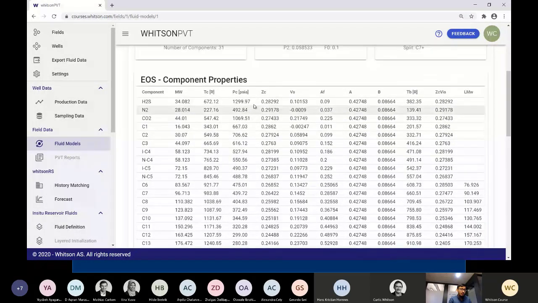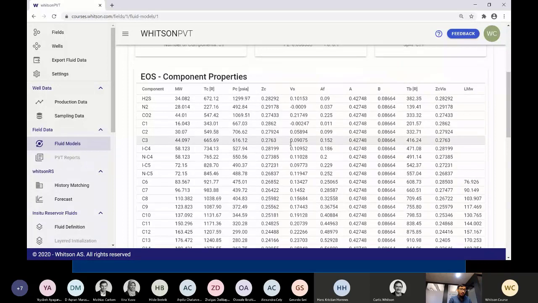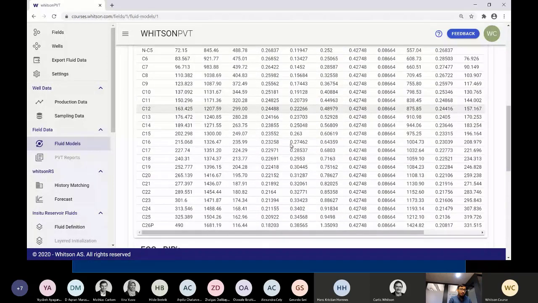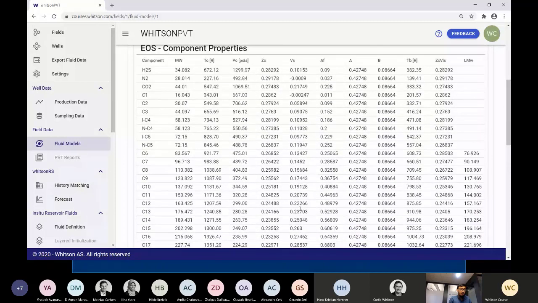Since it's an SRK equation of state model, you have small corrections for the lighter fractions, methane, ethane, propane, and this correction increases as we go towards the heavier and heavier fractions. And it's positive.